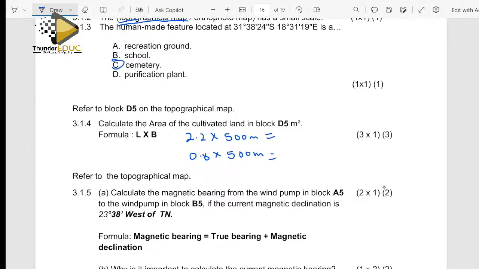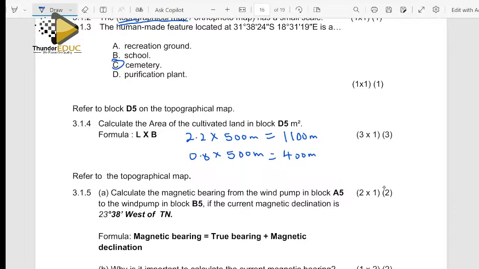Right, what are we going to get here? If we multiply 2.2 by 1,000, we get 1,100 meters. Then we multiply 0.8 by 500. It gives us 400 meters.